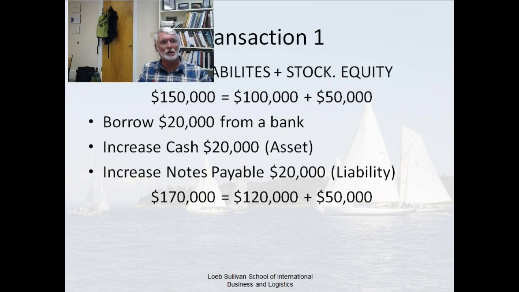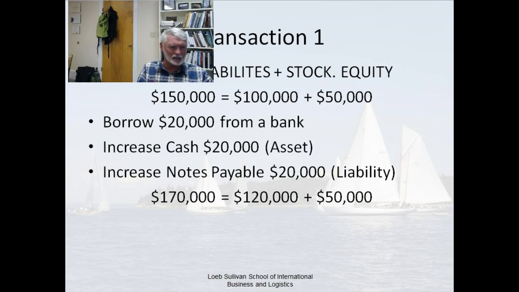They gave us the money, we put it in our account, we now have $20,000 more cash, so our assets went up by $20,000. We also have a liability, a loan payable or note payable. We have to pay the bank back at some point, and we have to record that liability. So our liabilities go up. Now we have $170,000 in assets and $170,000 in liabilities.